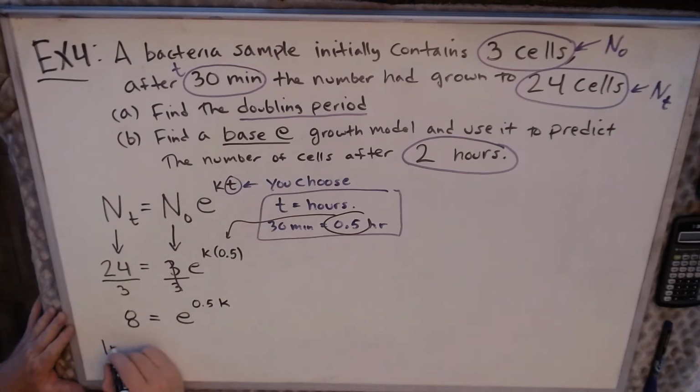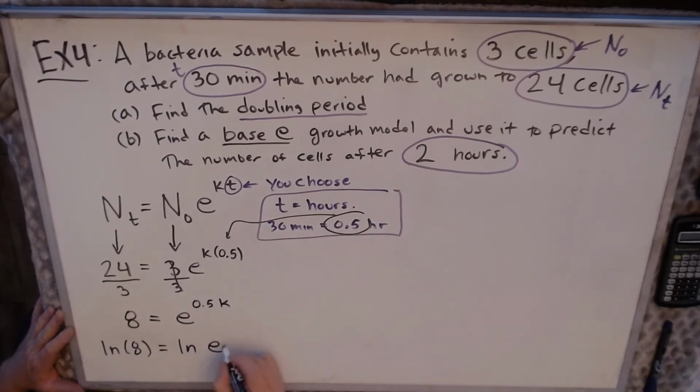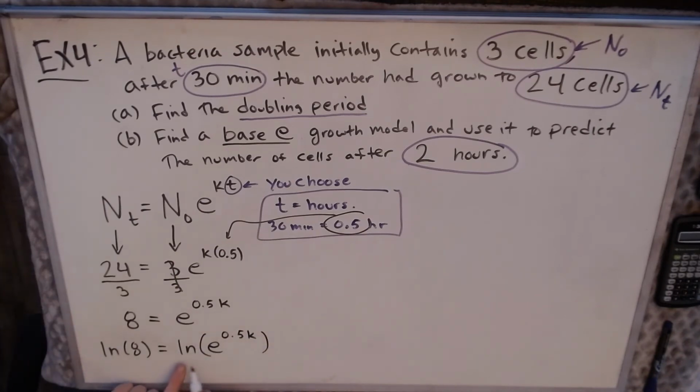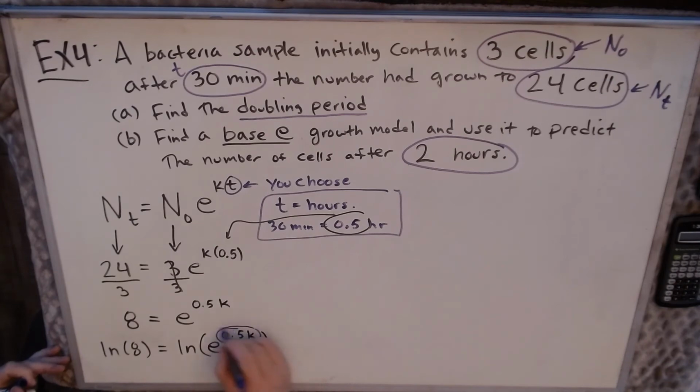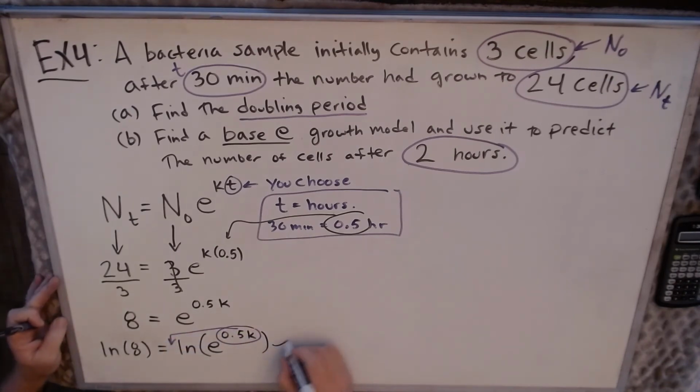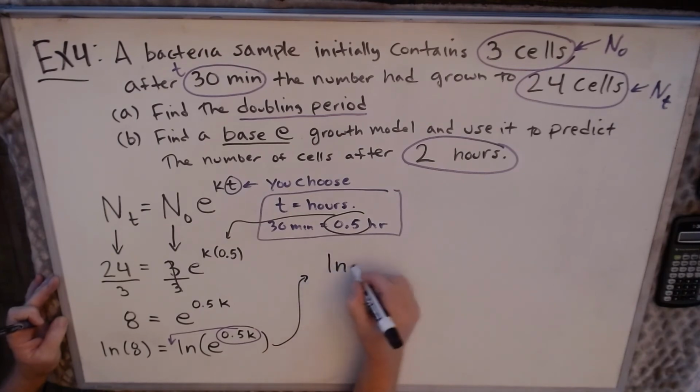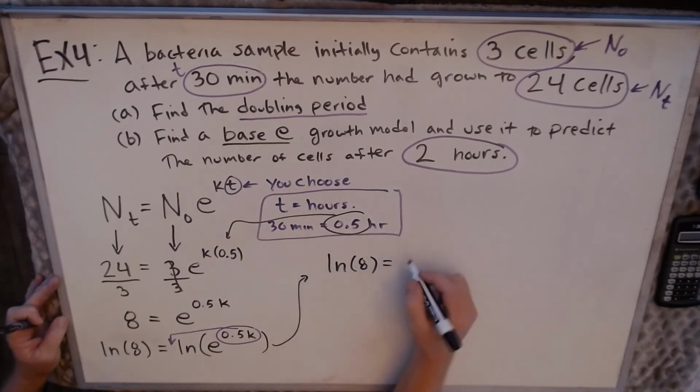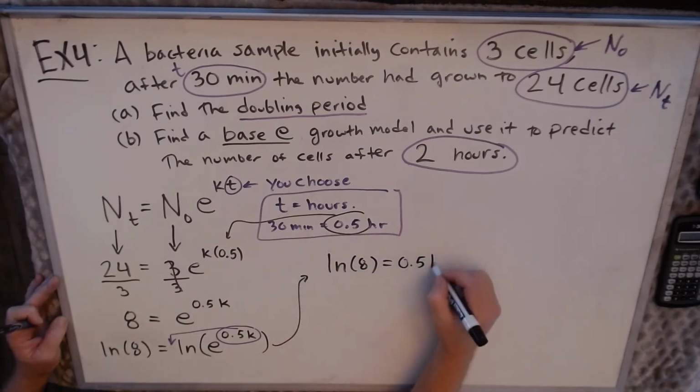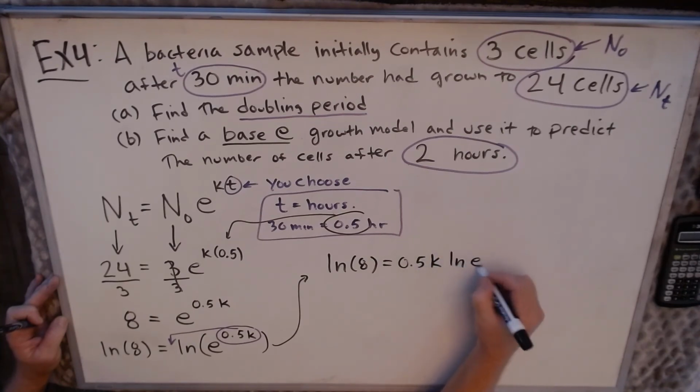Take the ln of both sides. I probably don't need to show this step, but when you take the ln of e, that's going to become 1. And this exponent is going to drop down to the front here. So now we've got ln of 8 is equal to 0.5k times ln of e.